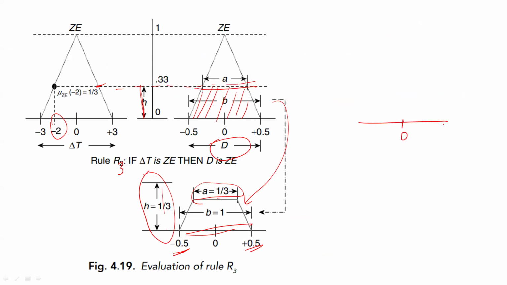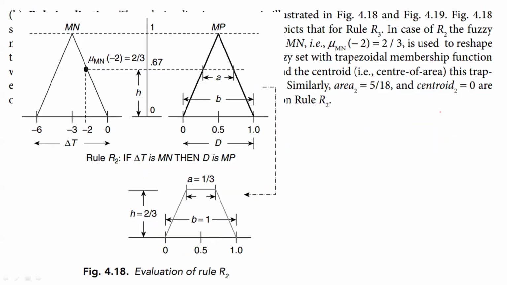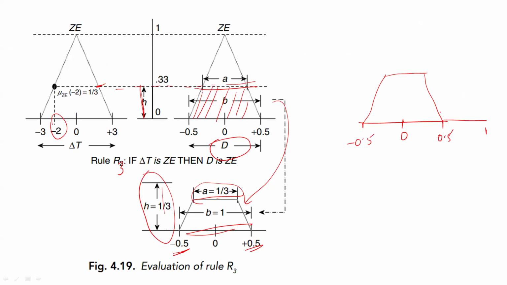So this is 0, 0.5, 1, minus 0.5. So one of the graphs you have like this at 1 by 3, and the second one is from 0 to 1 at 2 by 3.